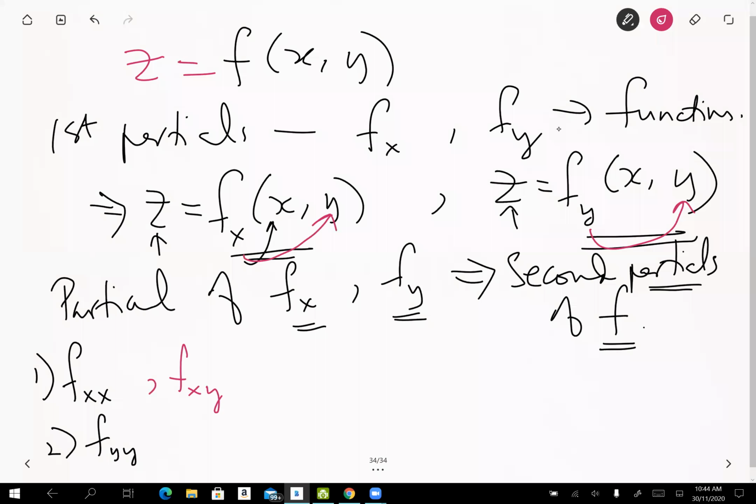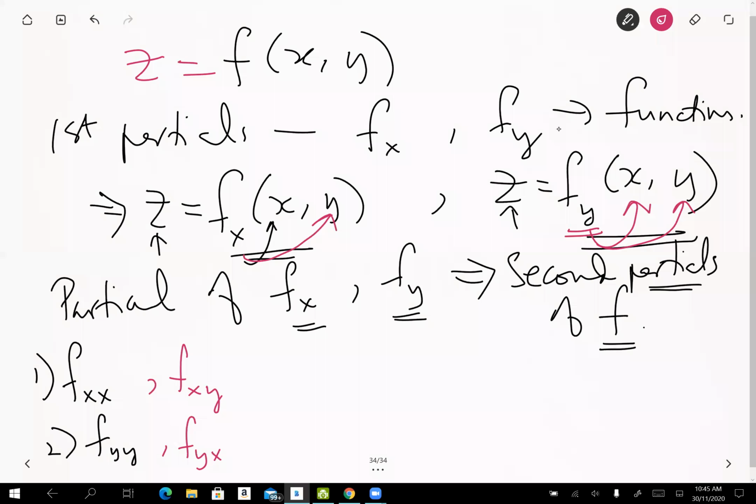Similarly, fy is also a function of x, so we can take the derivative of fy with respect to x. So for the second partial derivatives, you have fxx, fxy, which is the derivative of fx with respect to x and with respect to y. And then for the second one, fy, you have fyy, and then you have fyx.